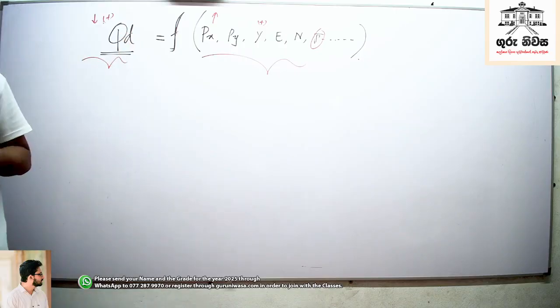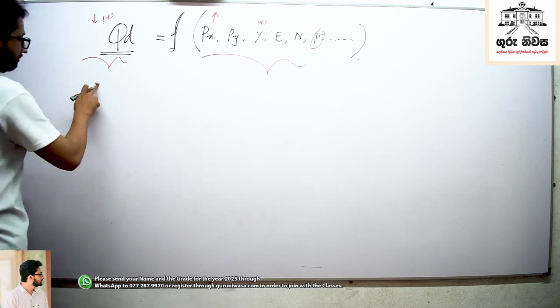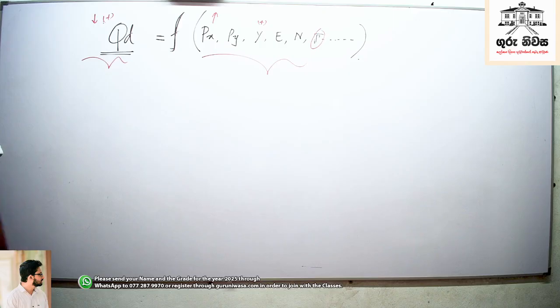My next question is, what is the dependent variable? What is the independent variable here? Quantity demanded is changed by demand determinants. What is independent? What is dependent here?